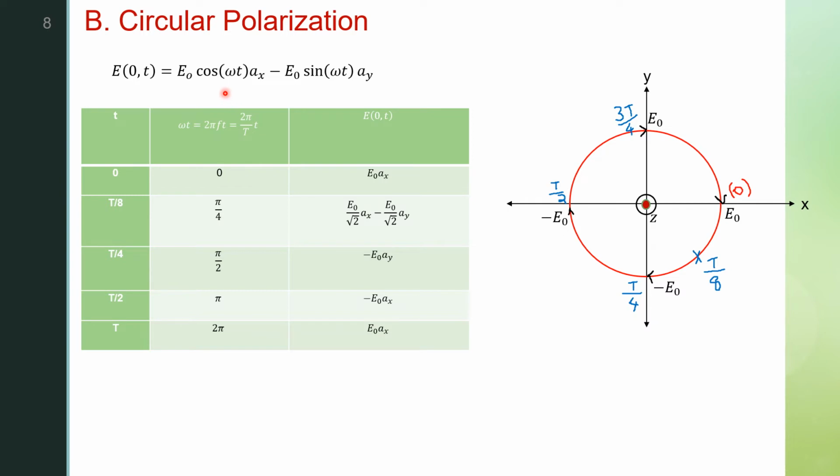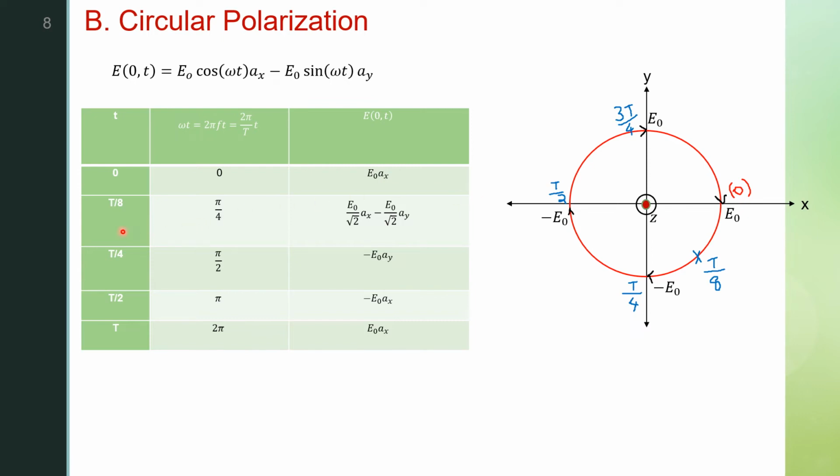Substituting, it is E0 cos 0 Ax minus E0 sin 0 Ay. Cos 0 is 1, whereas sin 0 is 0. So you will get the answer as E0 Ax. It means along x direction the amplitude is E0. This is for time t equal to 0.